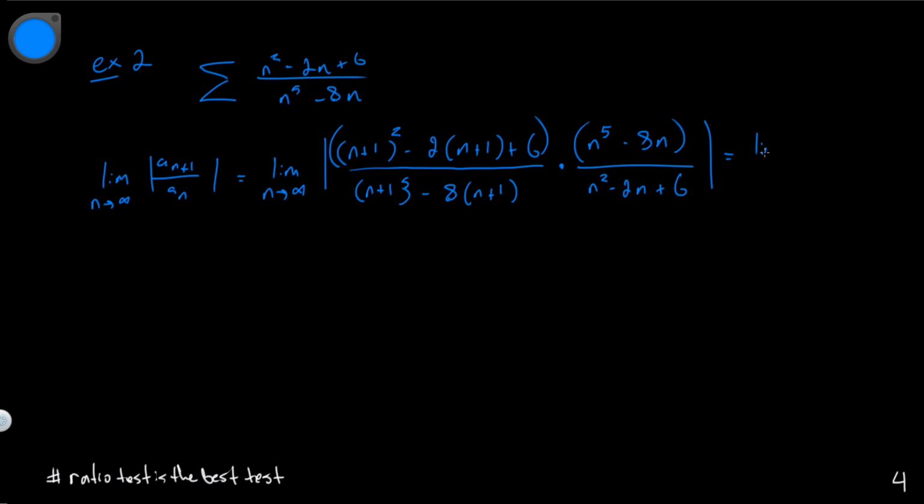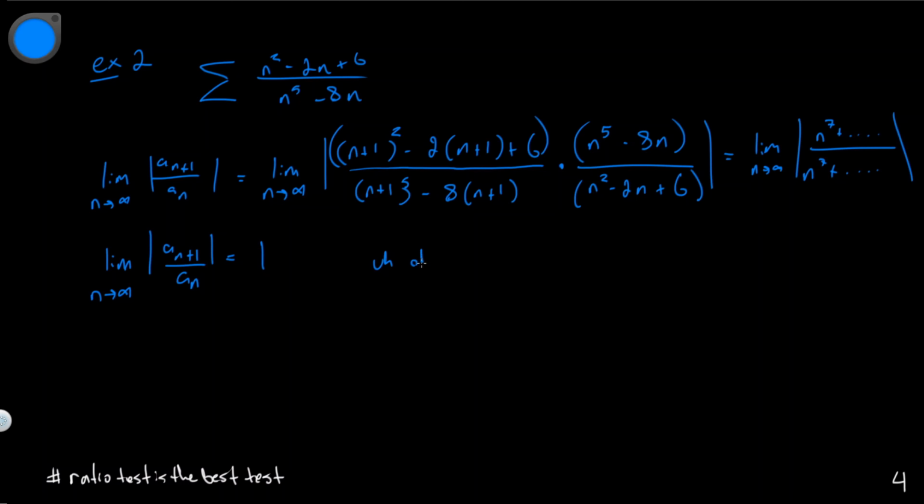All right, so this is the limit as n goes to infinity of n to the seventh plus a bunch of junk over the bottom would have an n to the fifth times n squared. This is also an n to the seventh plus a bunch of junk. So the limit as n goes to infinity of a sub n plus 1 over a sub n is 1.